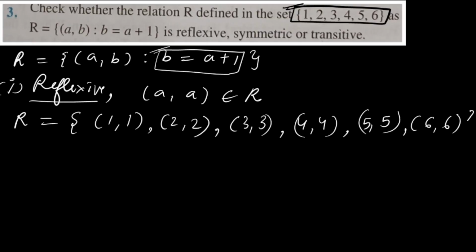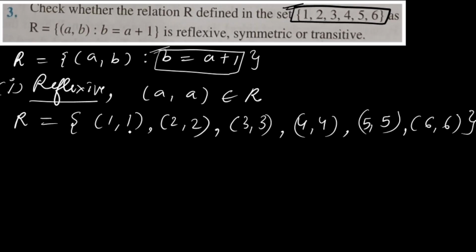Because for all elements of this set, I should have ordered pairs like this, the duplet should be there. But you can see here B is A plus 1, and all the elements in these pairs are equal to each other.